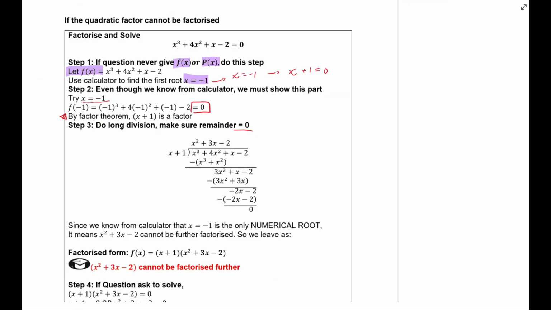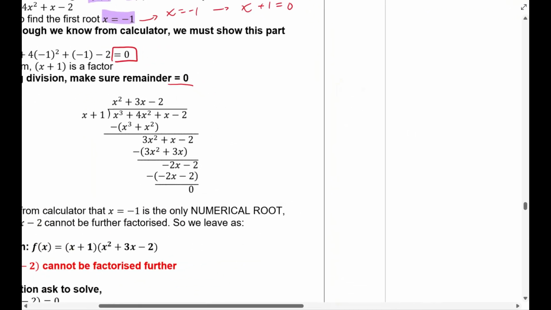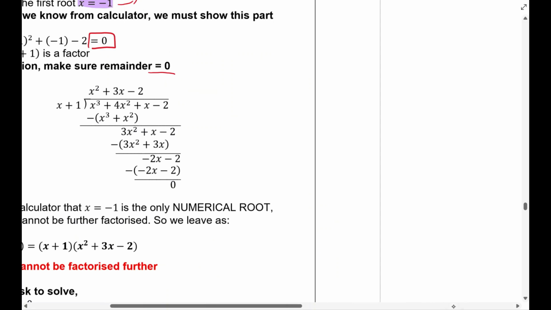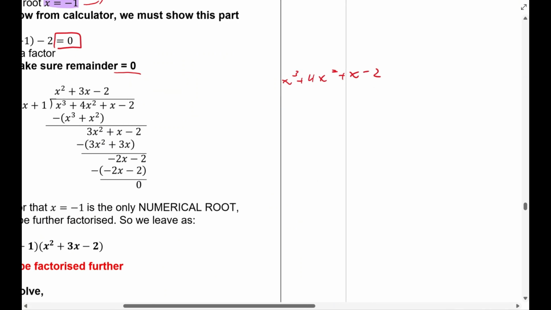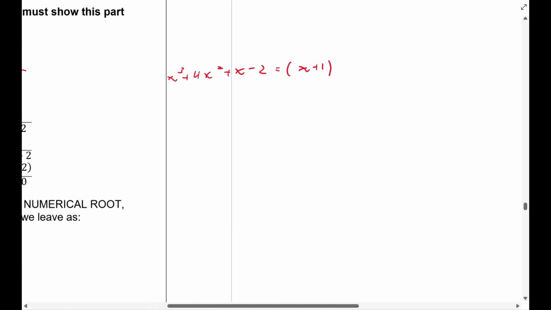Okay, so let's try using the inspection method since the long division method is already here. So we can re-represent our polynomial as x cubed plus 4x squared plus x minus 2 equals our known factor, which we found from our calculator, which is x plus 1, and then our unknown factors we leave as a, b, and c.